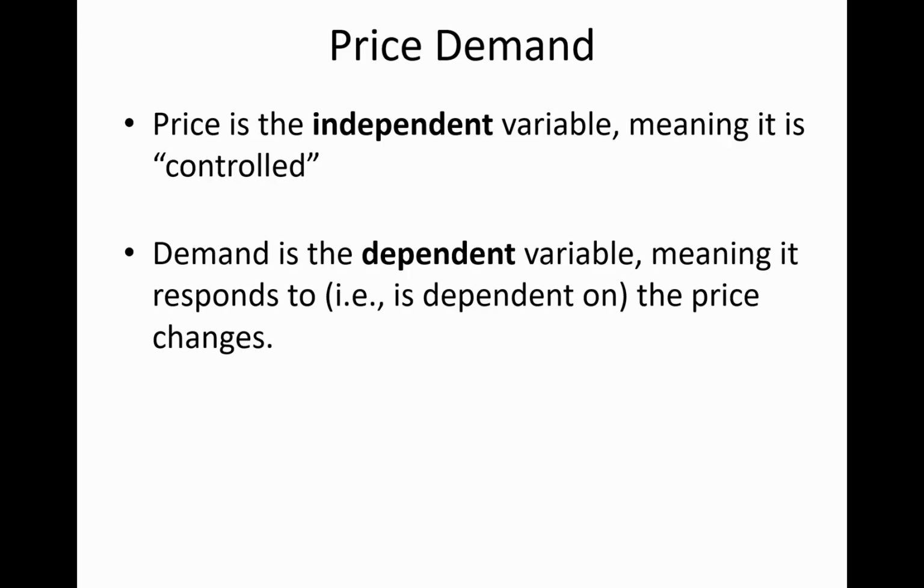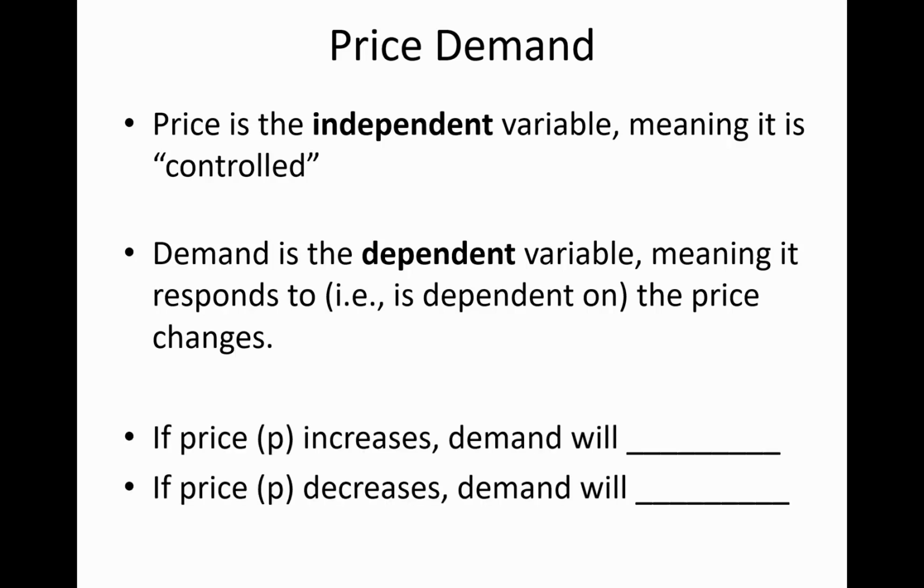And so the public will respond to you charging a certain amount for your product with a certain level of demand. So if you have a smartphone and you want to charge $100 for it, that may be a really compelling price point and you'll have a high demand for it. But there are some prices that you'd have nobody buy the item. So we're going to think about those relationships today and get into kind of the quantitative aspect of relating demand and price.